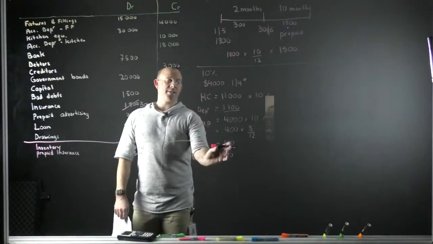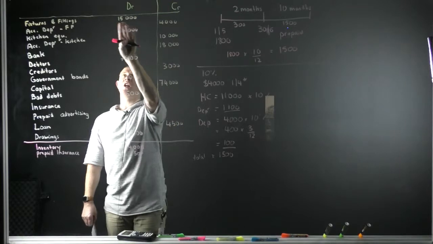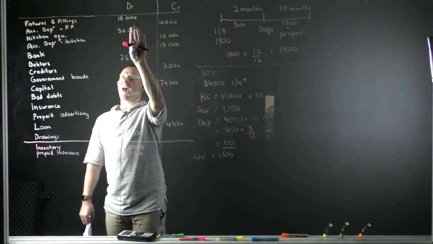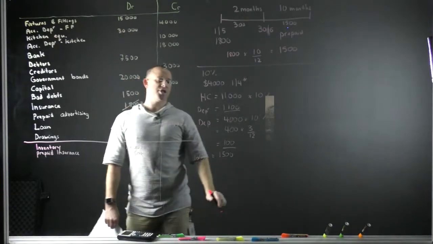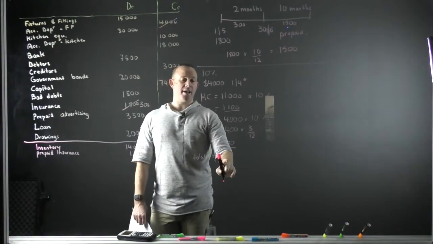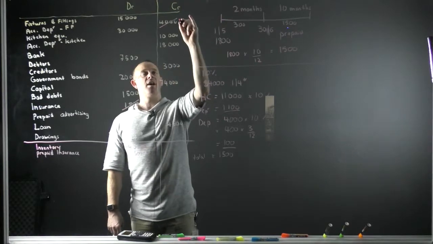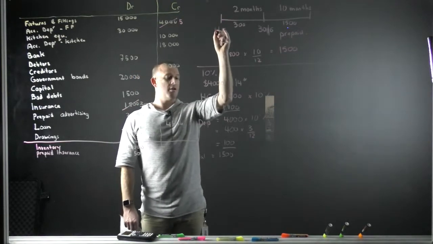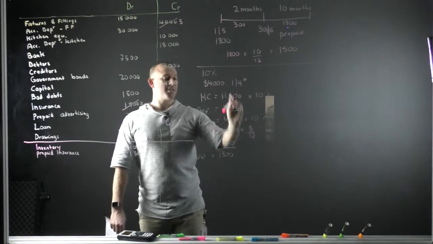So we now need to record that into our adjusted trial balance. Remember, with our depreciation, we do not change the cost base of the asset. We add it on to the accumulated depreciation. So we need to cross this out, and we need to increase that by this amount. I made a mistake here.